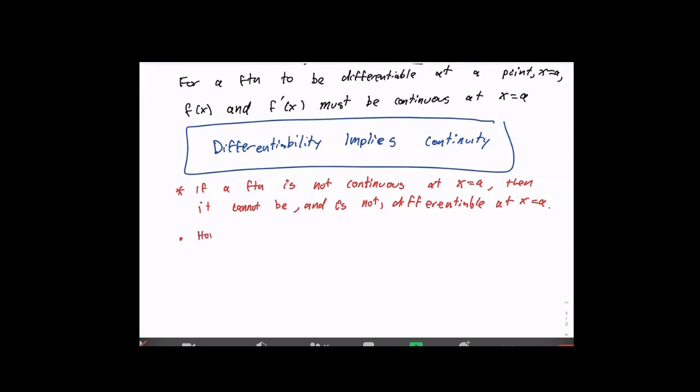However, if f of x is continuous, it does not mean it is differentiable.